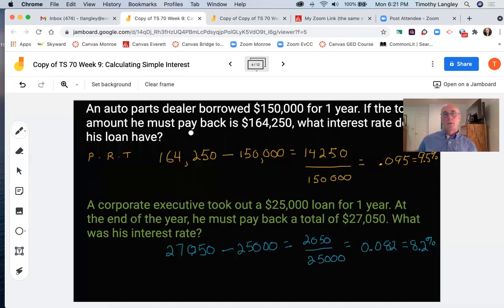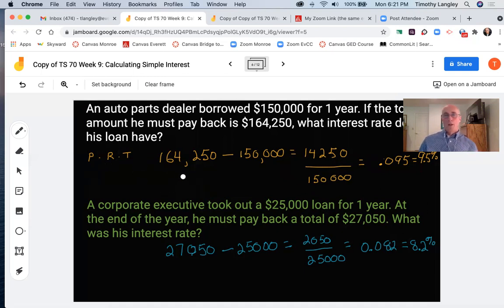If the total amount he must pay back is $164,250, what interest rate does his loan have? Do you see that? They're not asking for the total. They're asking what was the rate. Okay, it's a little bit different. So you probably really want to copy at least one of these story problems with the math: principal, rate, time. Okay.